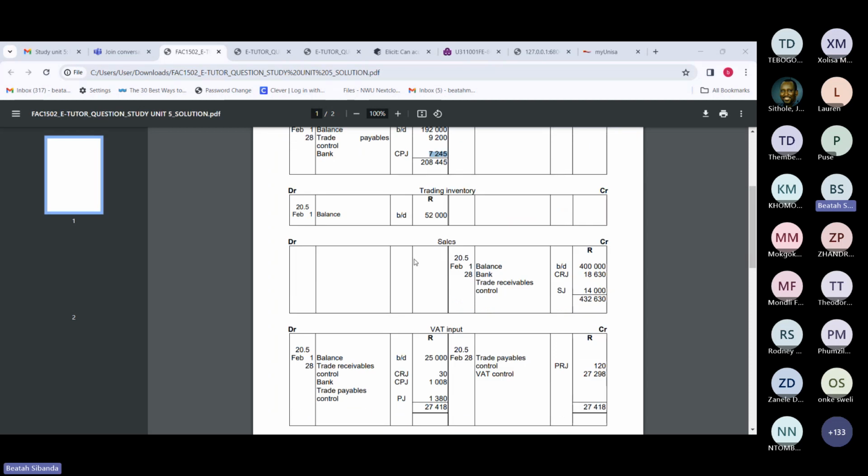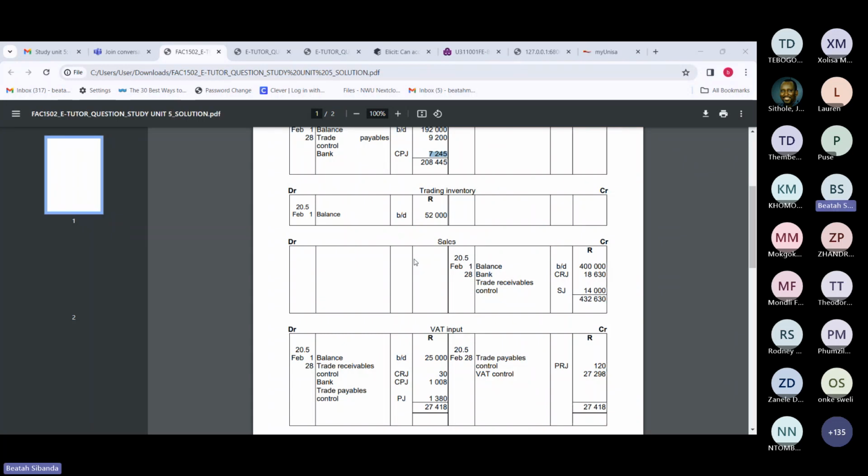Okay, so remember when we purchase something, can I please use the example of 1,000 rands before I come to this? When we purchase something for 1,000 rands, including VAT, the total amount that went out of our bank account is 1,000 rands. So we need to take out that 1,000 rands as a credit. Our bank account is going to be credited with 1,000 rands.